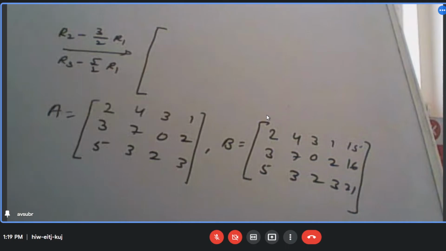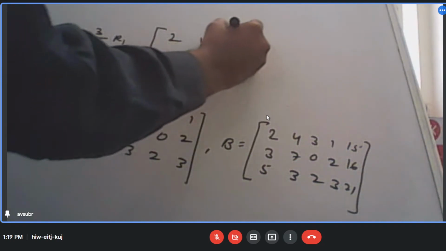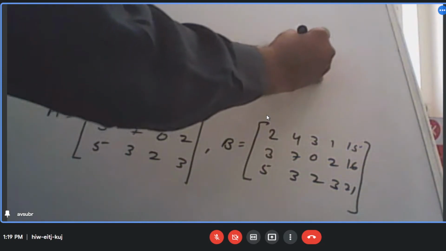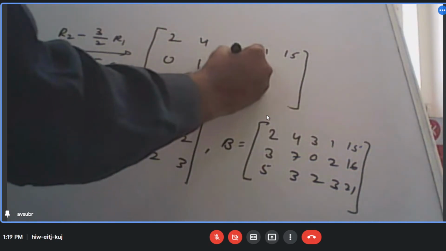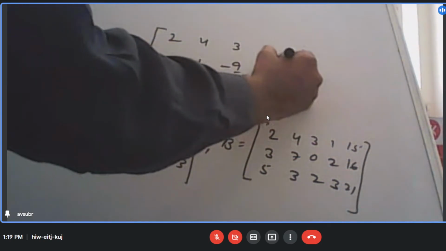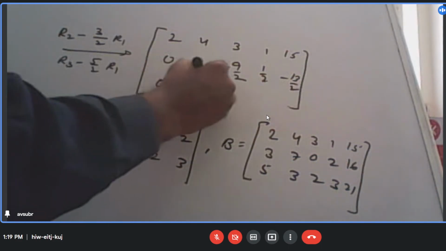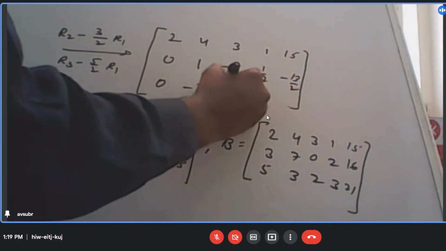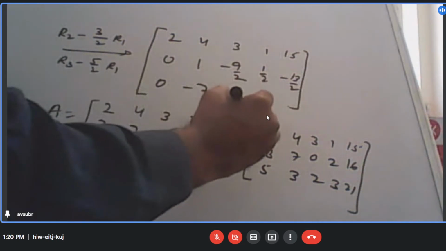By doing so, what we will get? 2, 4, 3, 1, 15. 0, 1, 9 by 2, 1 by 2, minus 13 by 2, and 0, minus 7, minus 11 by 2, 1 by 2, and minus 33 by 2.